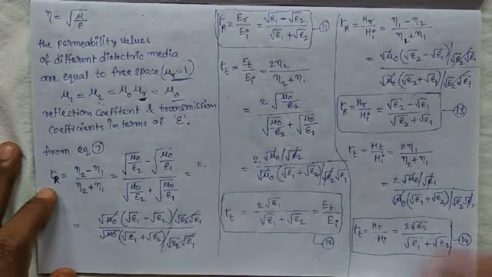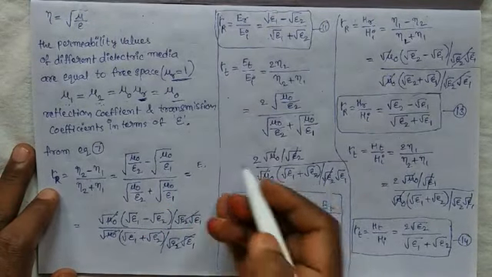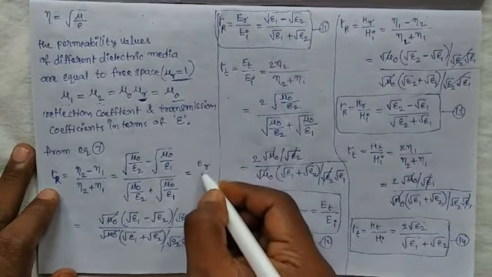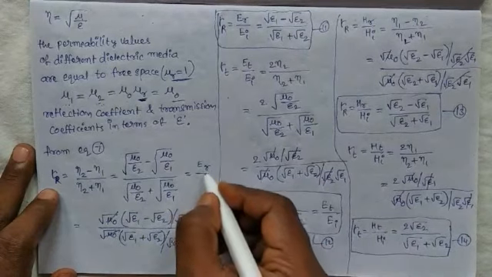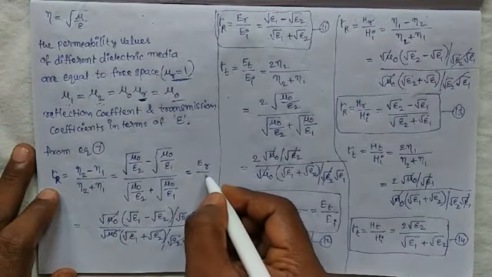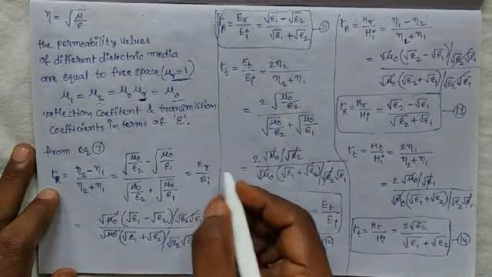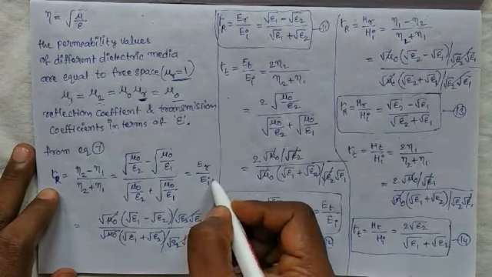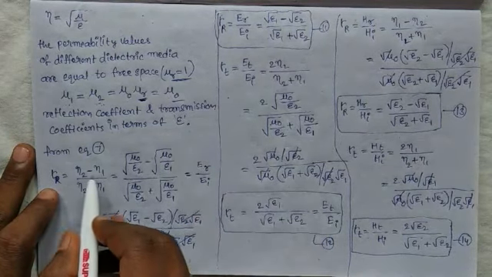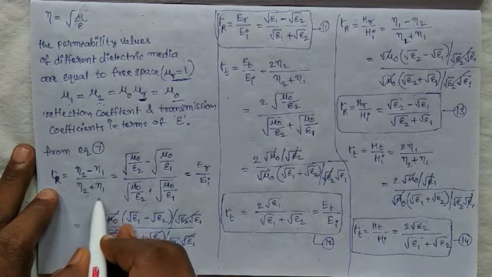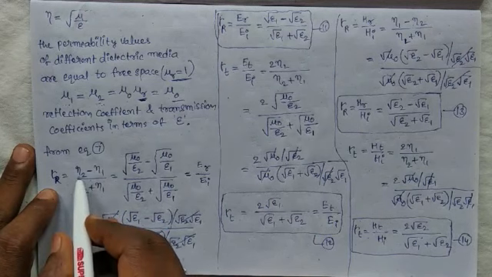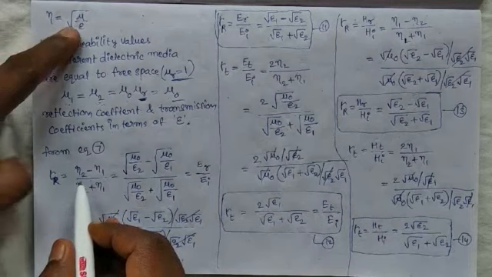Actually, it is the ratio of the reflected wave to the incident wave in terms of electric field. How to calculate it? It is (eta 2 minus eta 1) by (eta 2 plus eta 1). Here I am writing eta 2 in terms of this equation.